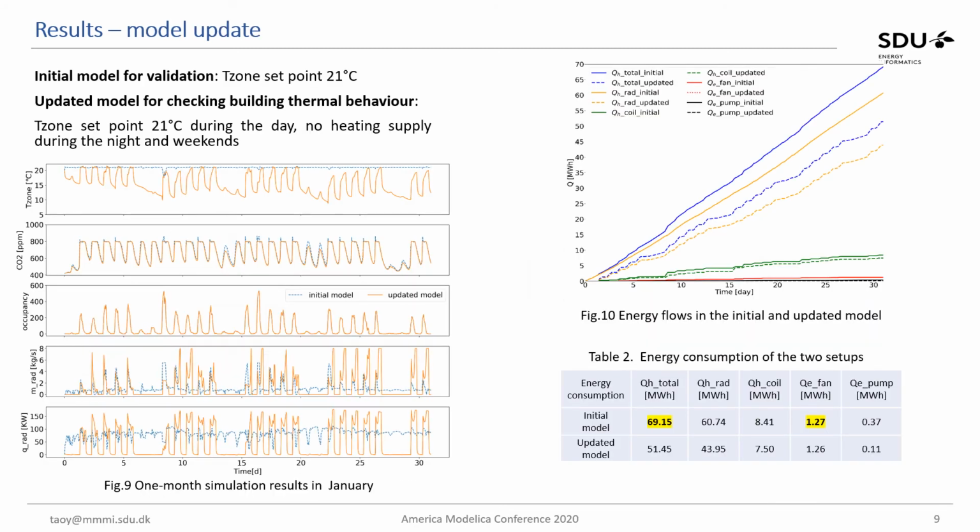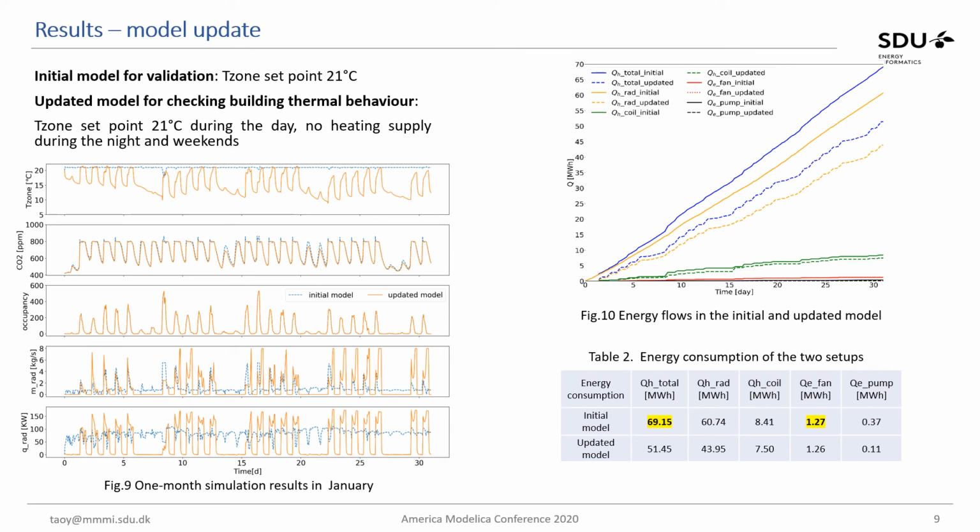Now, for the initial model setup, for the validation, the room temperature set point is 21 Celsius degree. Then we get the simulation result showed in this curve with the blue one. So basically, the indoor room temperature is around 21, and the CO2 concentration can be maintained under 80 ppm, and also we have the occupancy data, we have the radiator mass flow rate, and also the radiator power.